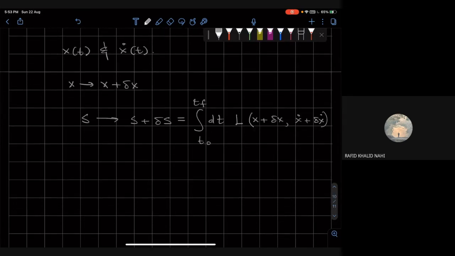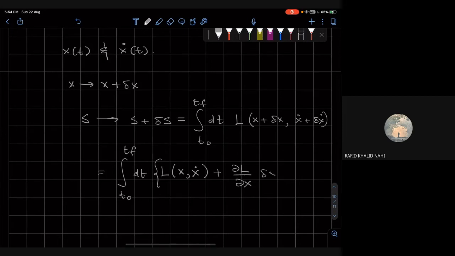Okay? And so then what we can do is just use the fact that the Lagrangian only depends on x and x dot to express this as the Lagrangian at x, x dot, plus the change of the Lagrangian with respect to x times delta of x, plus the change of the Lagrangian with respect to x dot times delta of x dot.